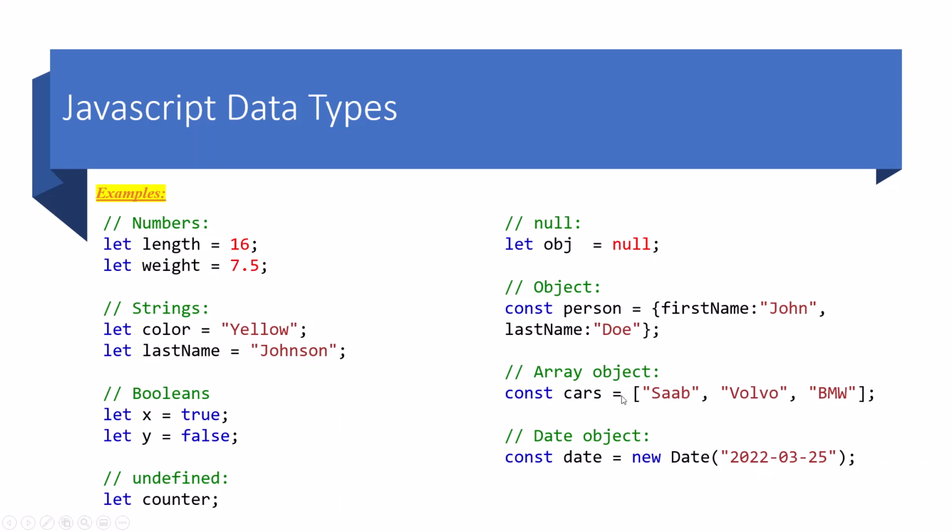This will get the data type array object, because we have an array with similar type of data. The next is date object. It is the same: const date is equal to new Date. So it will take the data type as date object. These are the different examples of the data types we use in JavaScript.